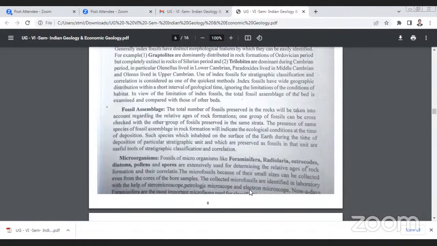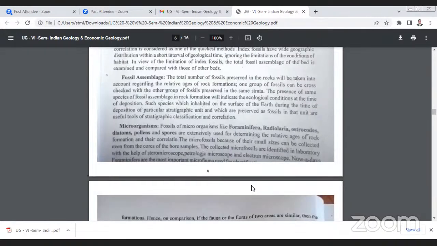There are also some microorganisms, like foraminifera, radiolaria, arthropods, diatoms, pollens and spores, which are extensively used for determining the relative age of a particular rock formation and for correlation.